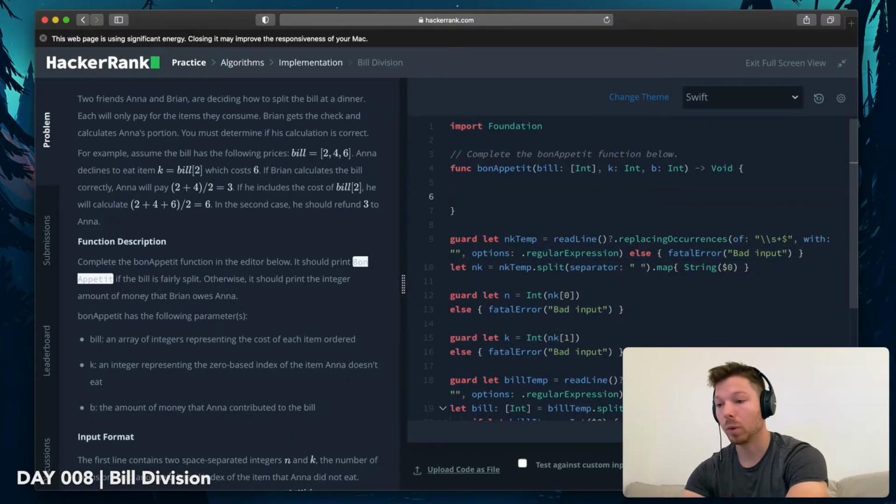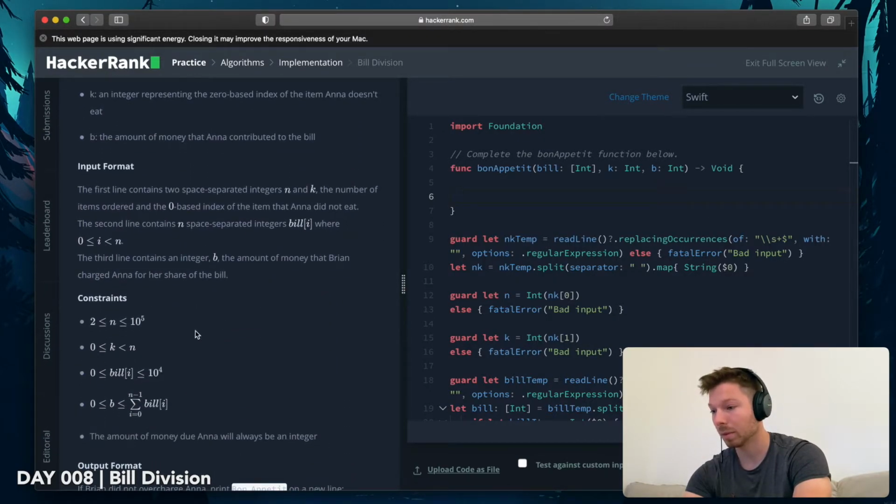Let's see. We want to filter K. K is given, right? K is always gonna be something. Yeah, so we can always say basically both sum is bill filter. I don't think we can use filter because it's the index.